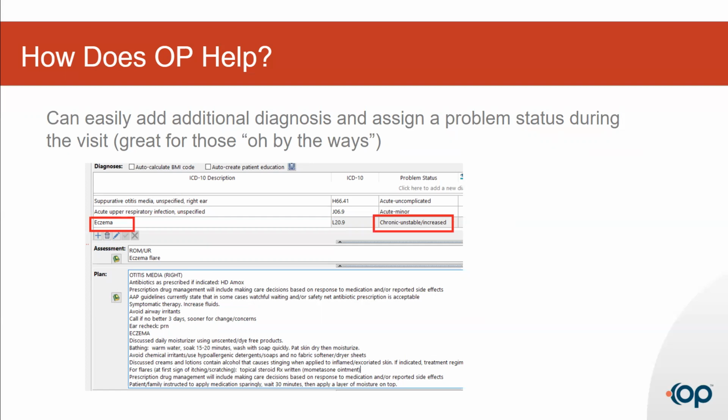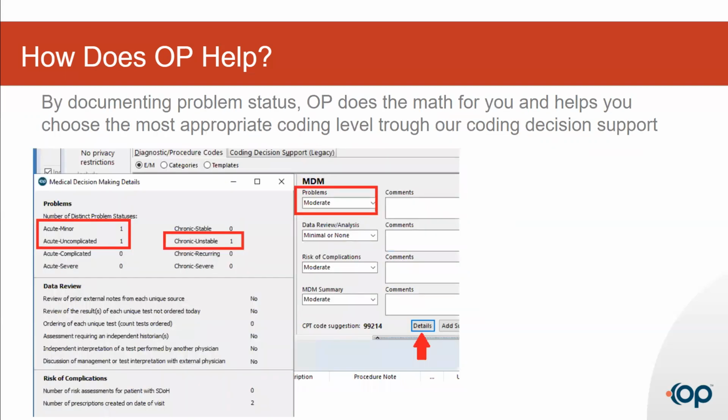So how does the math work? Well, it's complicated. We looked at all of those level visits, and how do we remember how many points or what level a chronic unstable and acute minor gets you? OP will do the math for you, and through the details tab, we'll actually show you where that math came from.